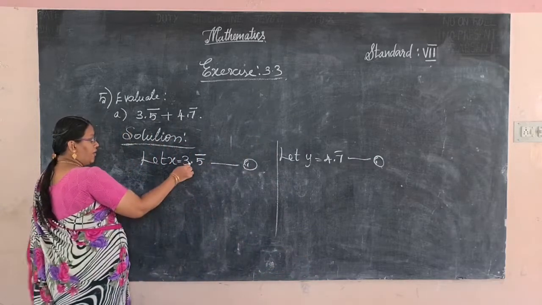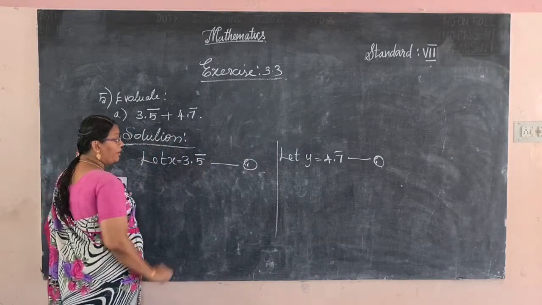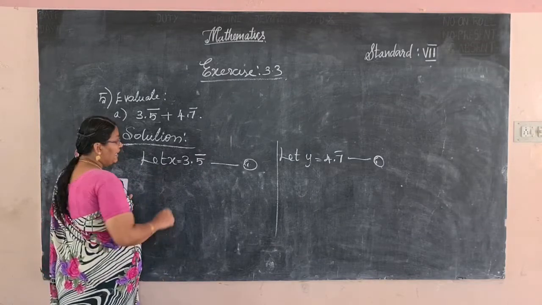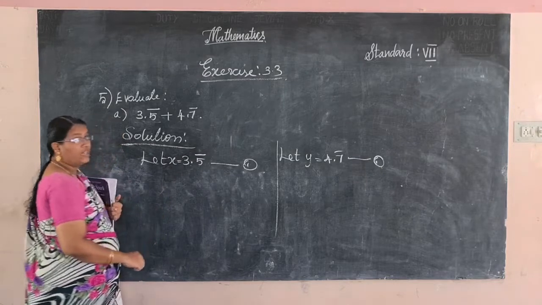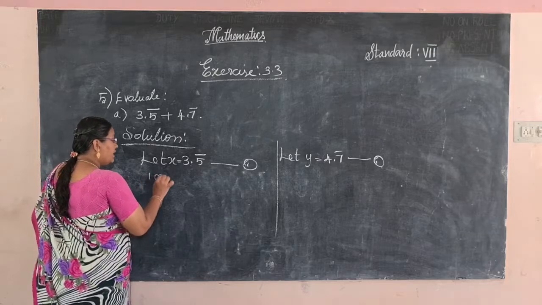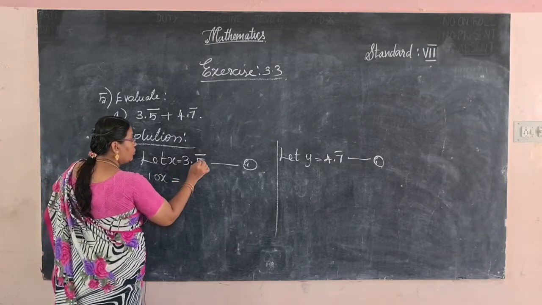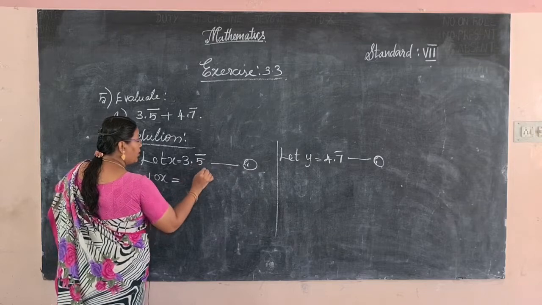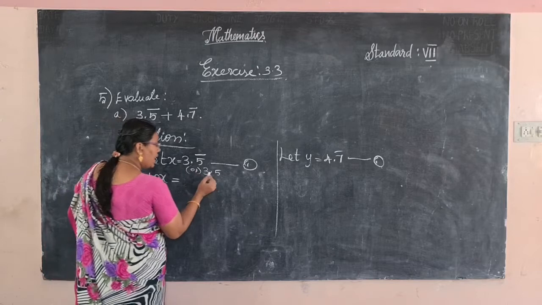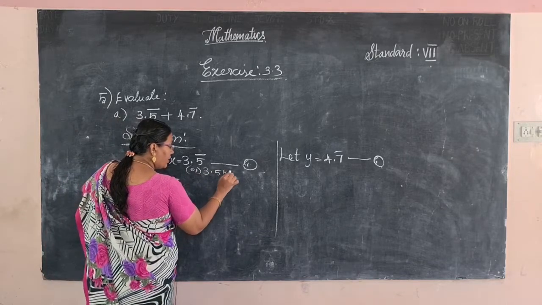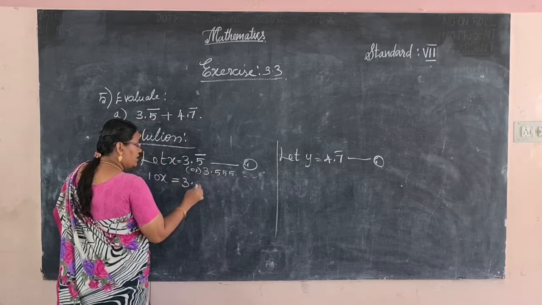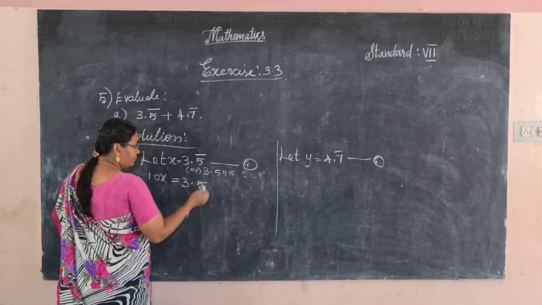After the decimal point, how many recurring numbers are there? Only 1. So we have to multiply by 10 on both sides. So 10x is equal to, how to write the recurring number 3.5? Here I write for your understanding, 3.5 with the 5 going endlessly, 3.5 bar.